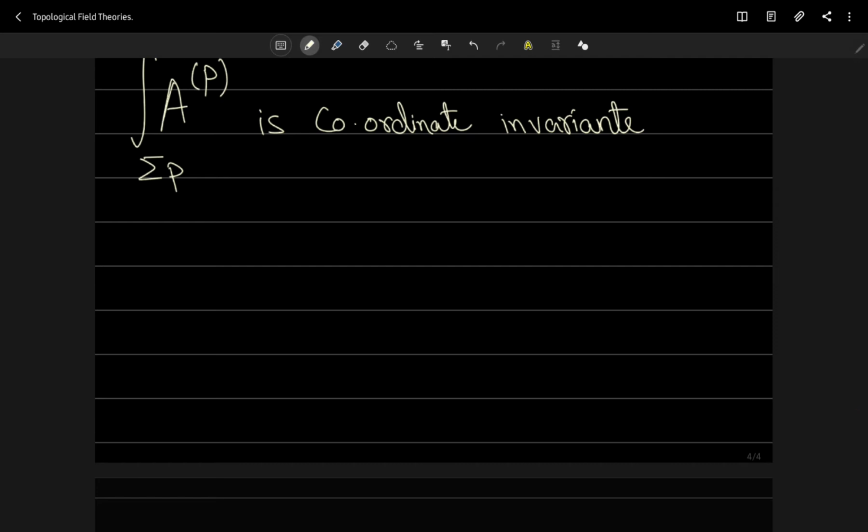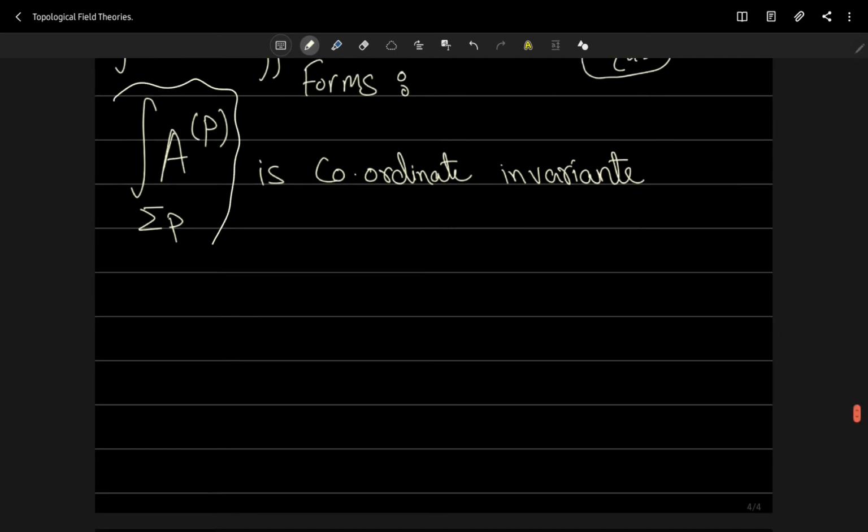Okay, so over here in this integral, you recall that this AP is your P degree form, and this sigma P is, I think I did not talk about this in that video, your P dimensional manifold, right?